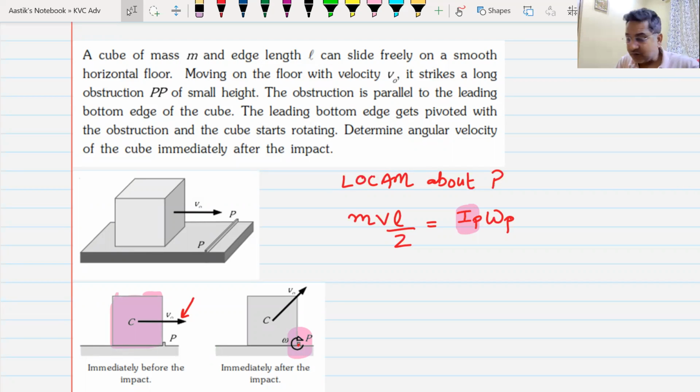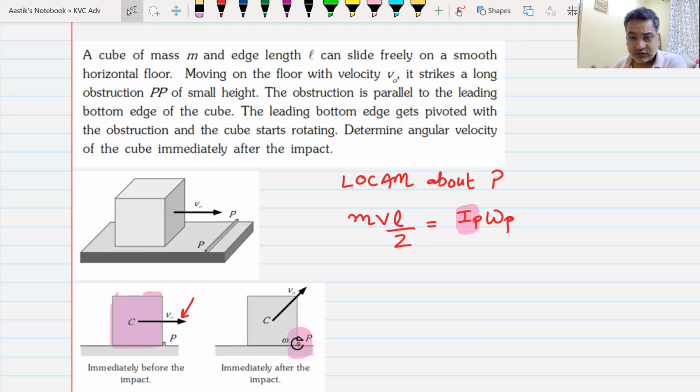The first was the law of conservation of angular momentum, because whenever there is an impact, gravitational force and all those forces cannot do anything special. What does something special is the impact force. The impact is coming at the point P, so the angular momentum is conserved about the point P.